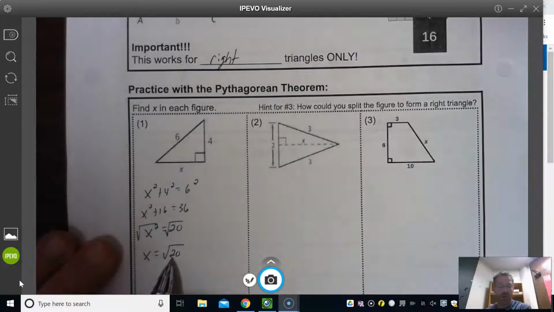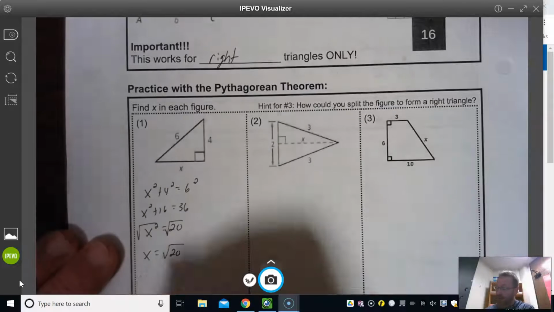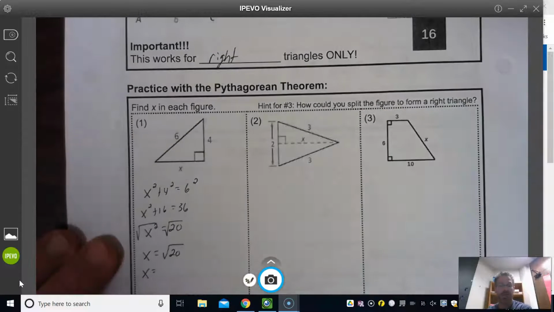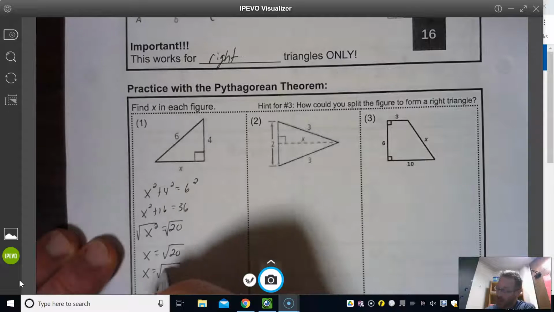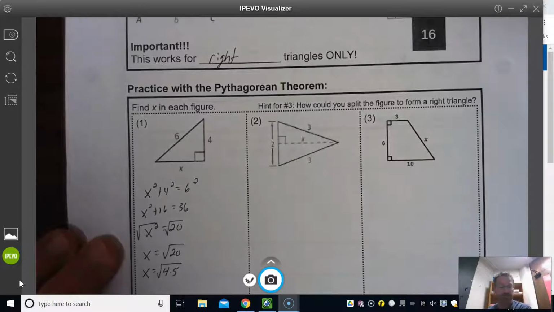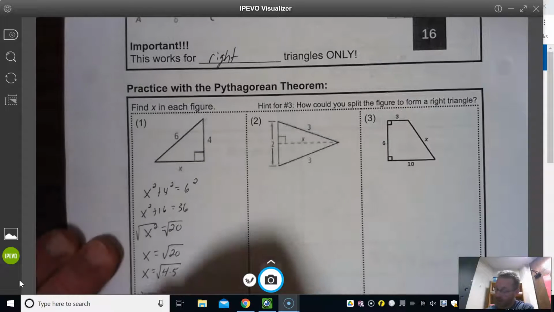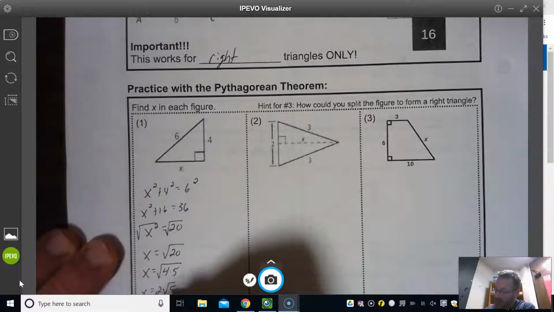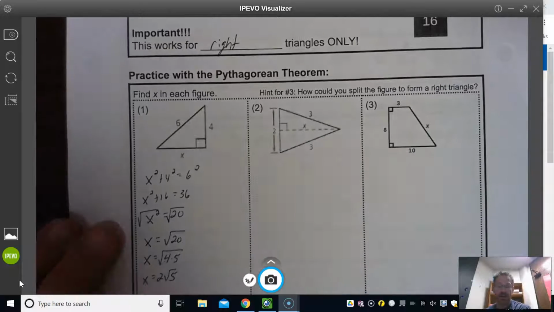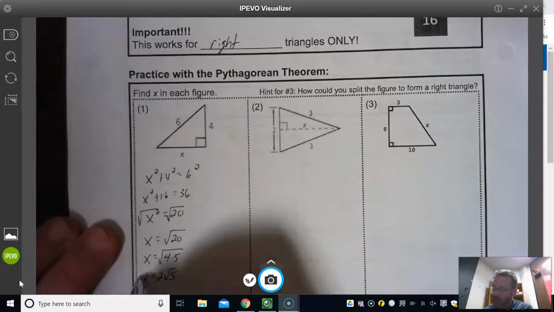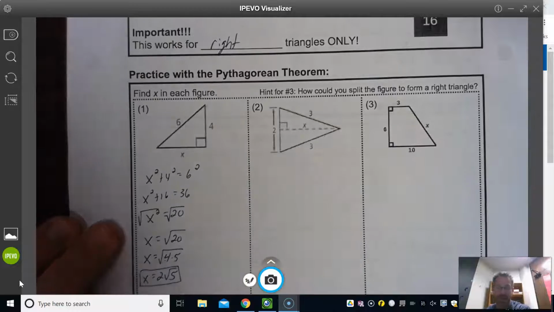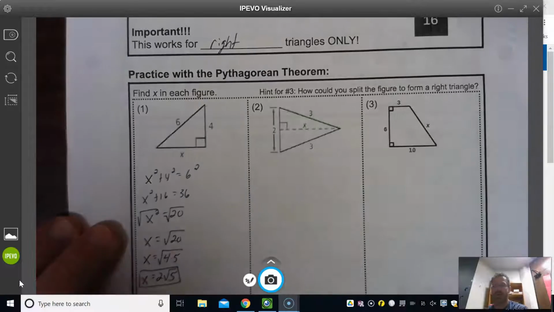Now, when we look at the square root of 20, this goes back to our prior lesson. Can I reduce that number? I'm looking for a perfect square that is a factor of 20, and in this case that would be 4 times 5. The square root of 4 is 2, and then I have the square root of 5. So there's my answer: 2 root 5. That's an exact answer, and that's exactly what we want.